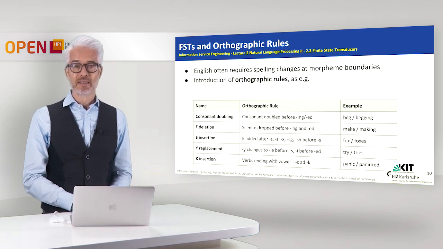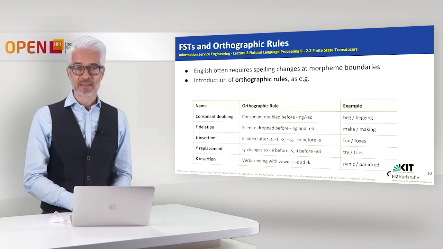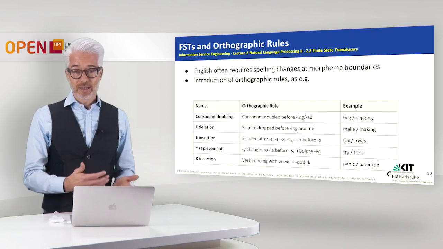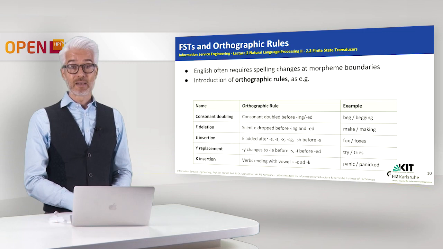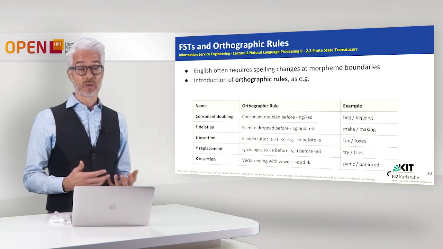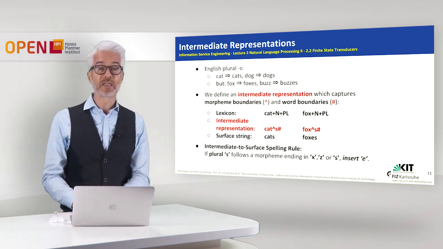So to panic, in the past tense panicked, you have to add a K. So these are certain orthographic rules. These are not all the rules that exist, but they also, of course, have to be considered in our finite state transducer if we want to do morphological analysis, which makes this process much more complicated.